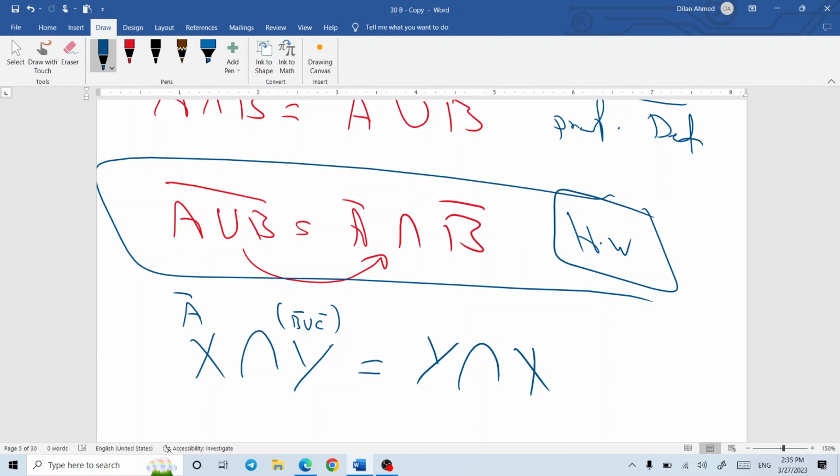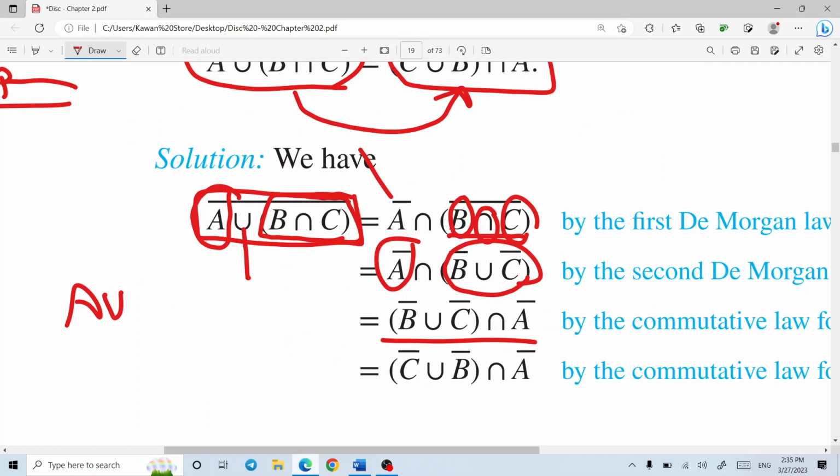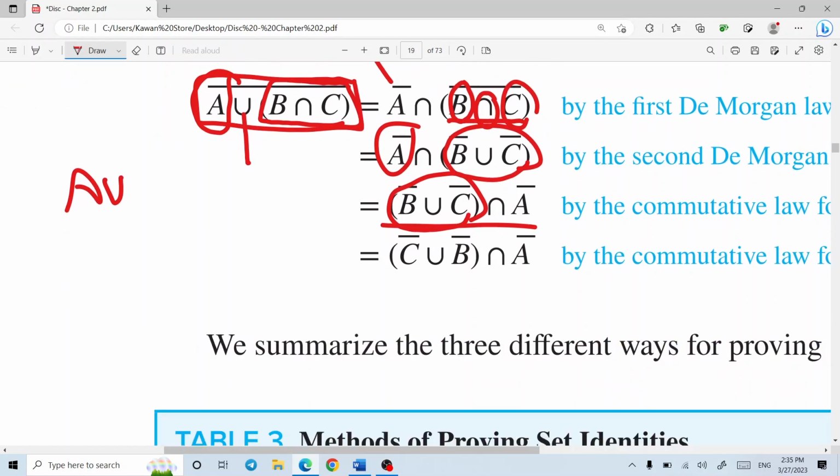We got B union C intersection A complement. We swap it, we got that one. Again, here I'm going to swap because A union B equals B union A. Let's see. Easy. It's not hard, but actually you need to combine to solve together. Okay, dears?